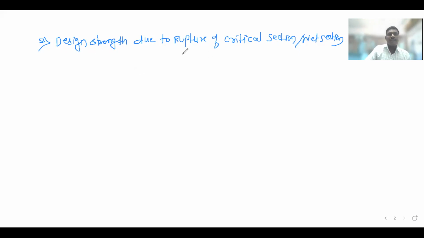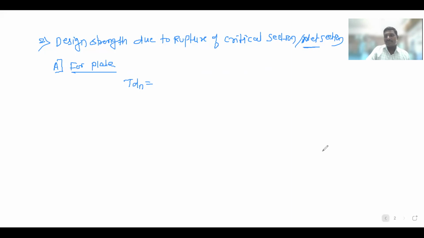Now here the formula for plate and the formula for angle are different. First we will see for plate. If plate is there, then how to calculate the design strength due to rupture of critical section. So here T_dn. What is T_dn? T is for tension, D is the design, N is the net section.